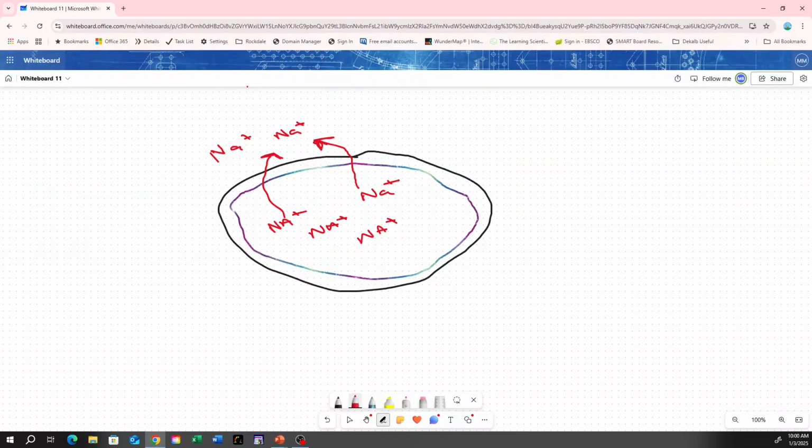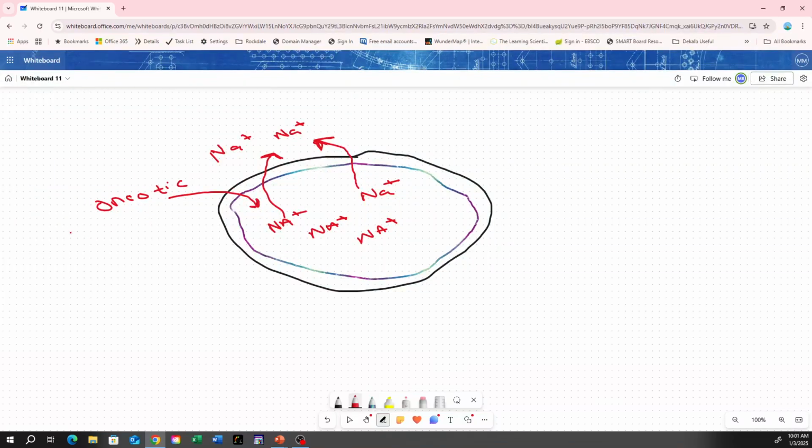Now, you have something called oncotic pressure. Oncotic pressure is a portion of the total osmotic pressure, but in oncotic pressure, it's actually going to return fluid back to the cell. That's oncotic.